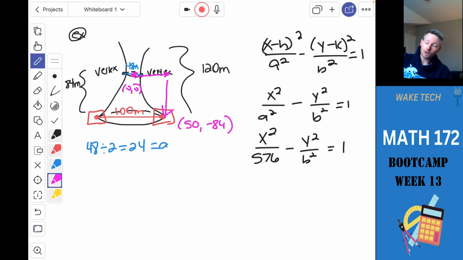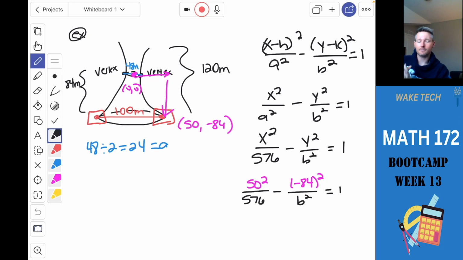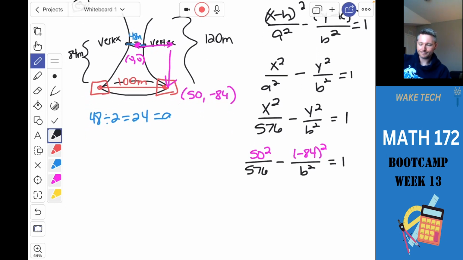So why that helps us is we can plug in an x value of 50, a y value of negative 84, and now we have an equation where the only thing missing is b. So we could solve for b. Once we get that, we'll have enough to create our equation. All right, so it's algebra from this point forward.